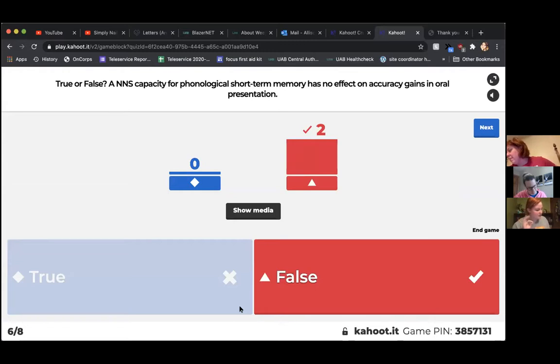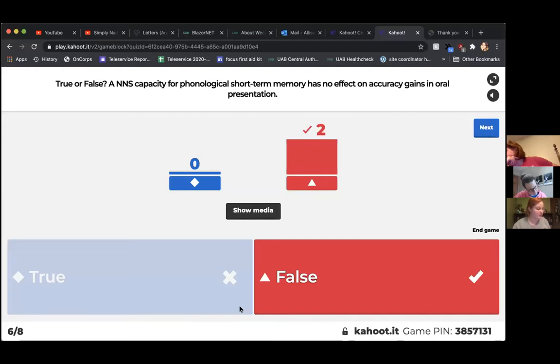I need to get my thoughts together. Okay, yeah, it's on page 164. And so phonological short-term memory and complex working memory. Révész, this is in 2012.